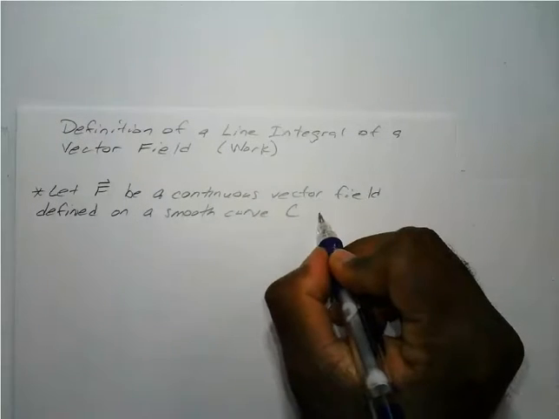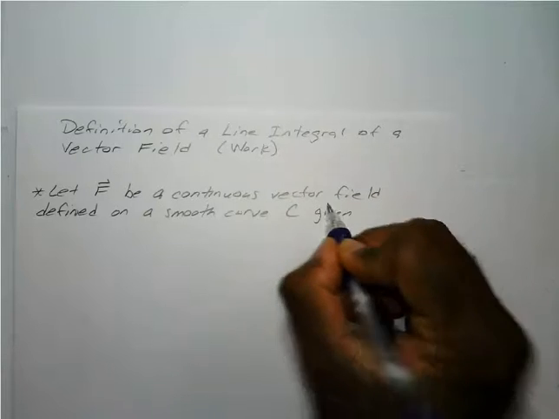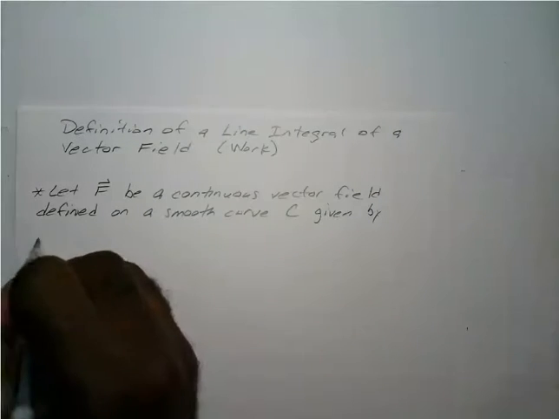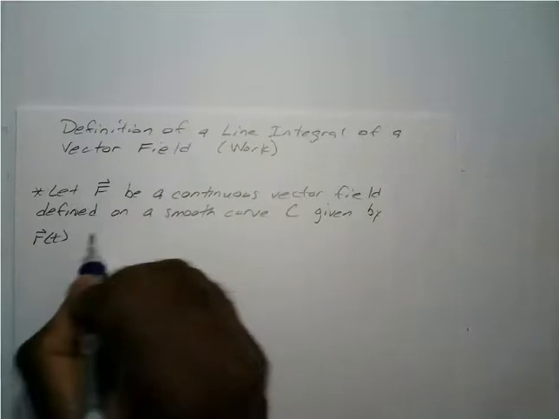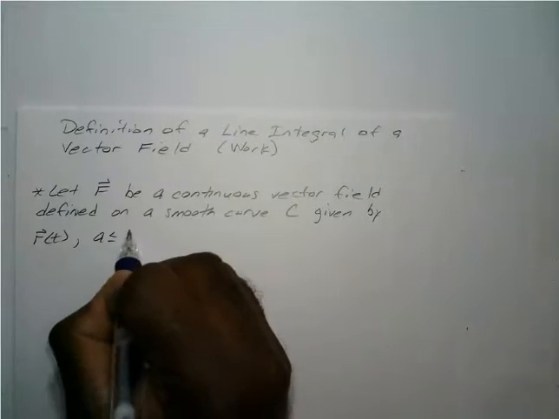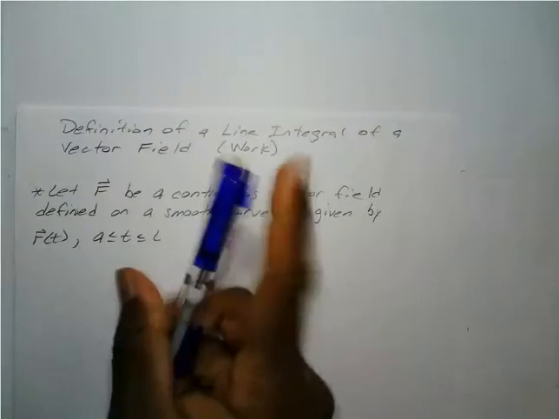And that curve, of course, we'll call C. And that's given by our vector valued function, which could be 2 dimensions or 3 dimensions, on the interval a less than or equal to t less than or equal to b.